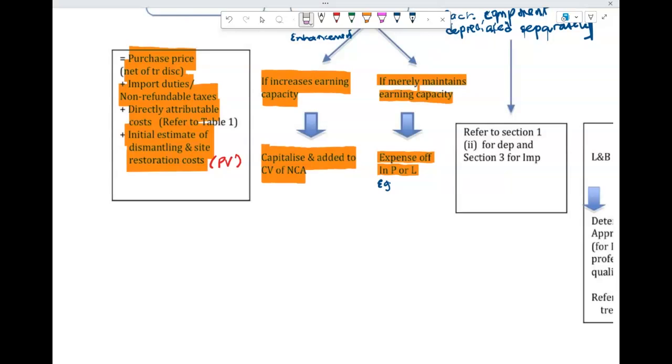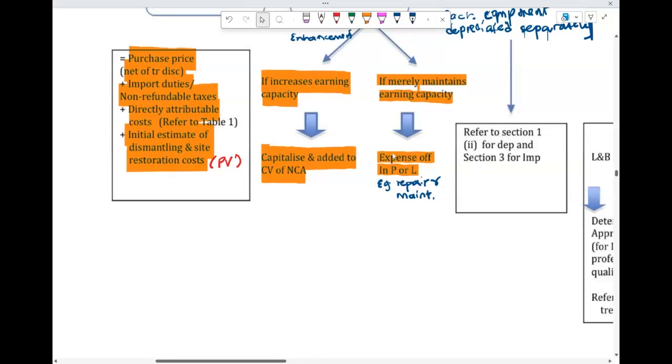Okay, so that's what it means. It maintains earning capacity. All right, so any repair and maintenance that you incur on your motorbike or your motor vehicle, basically you have to expense it off. You cannot add it to your cost of your motor vehicle.